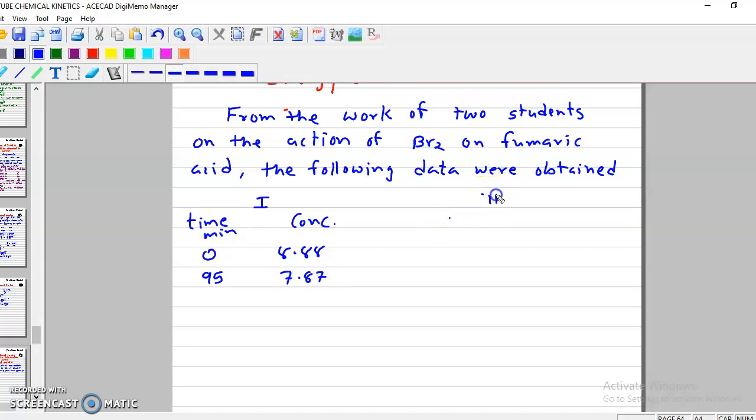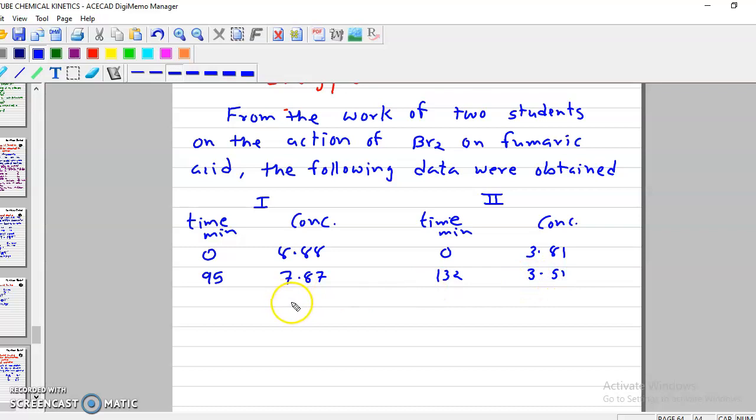For the second student, the time in minutes and concentration: at 0 time, the concentration was found to be 3.81 and at 132 minutes, it was 3.51.